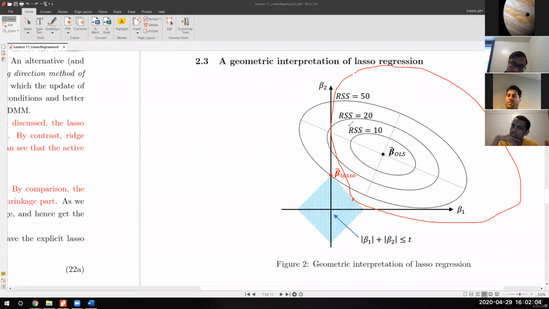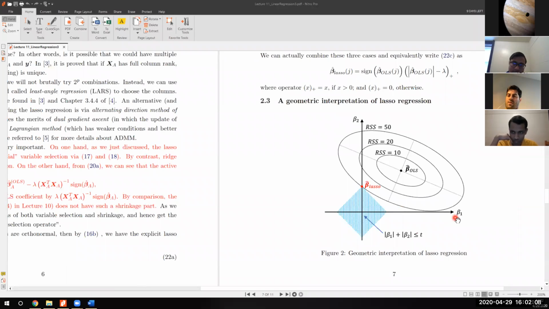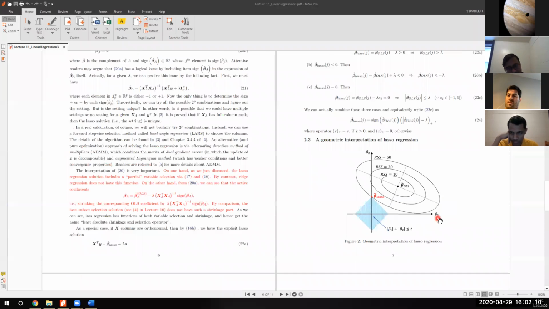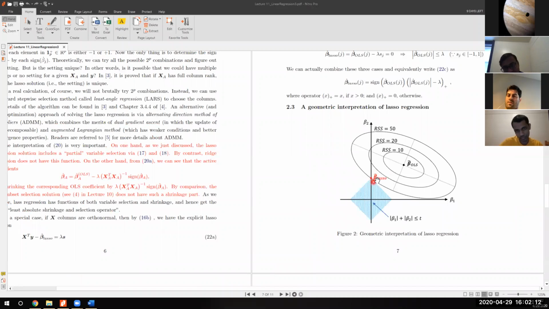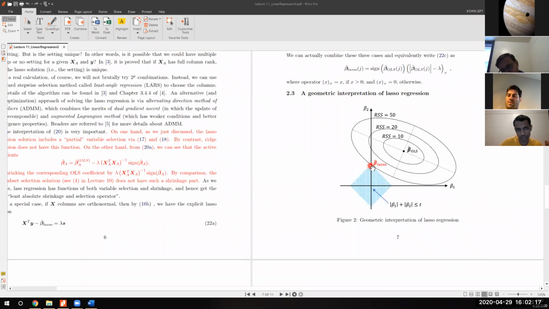However, the good point is that here my beta is 2D. If my beta is p dimensions, then I have more and more of these points, the corners. When I have more and more corners, it's more and more possible that my Lasso solution is going to be obtained at a corner. At a corner means what?